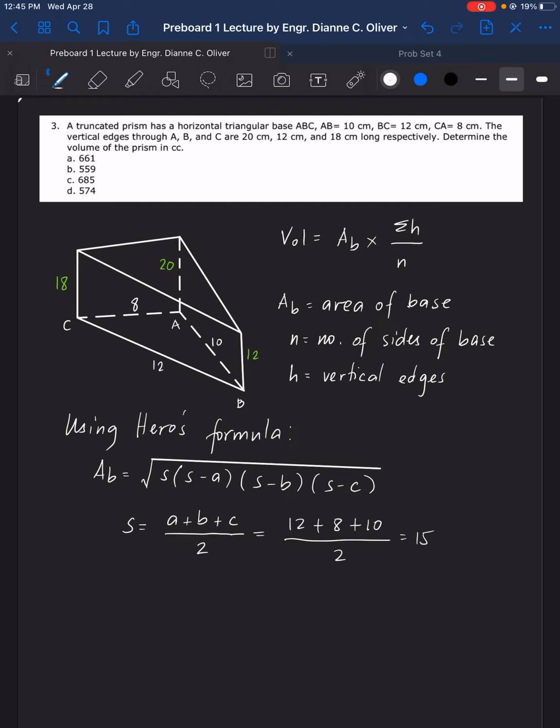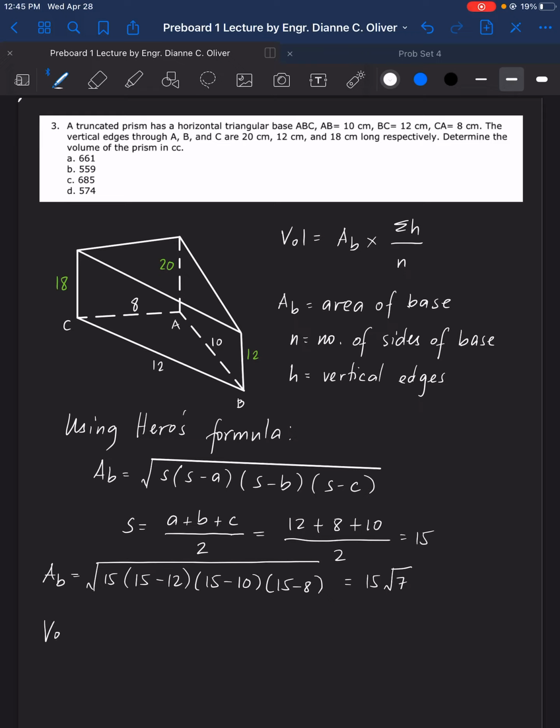15, therefore A sub b is equal to the square root of 15 times 15 minus 12, 15 minus 10, 15 minus 8. So A sub b is equal to 15 square root of 7.